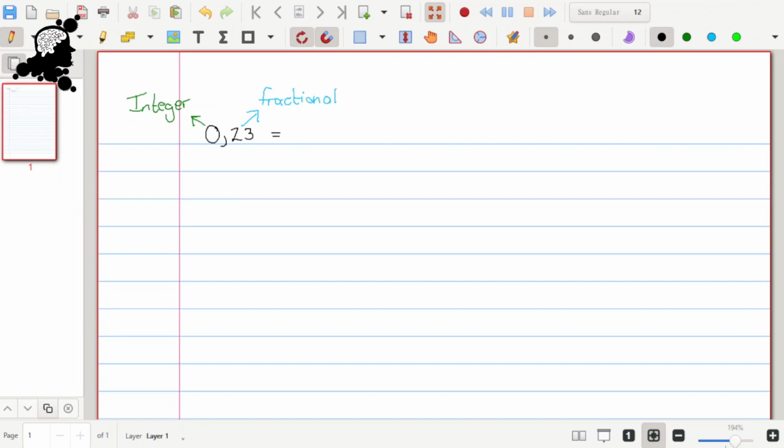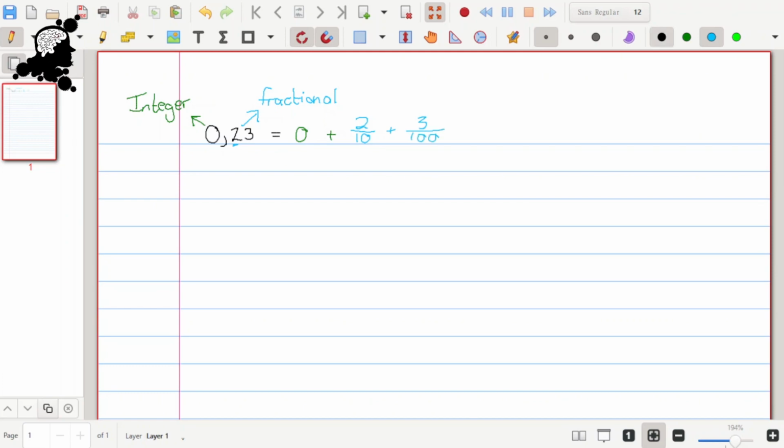So how do we simplify this? We take the integer part plus, this is a 2, so this is going to be 2 over 10, increasing powers of 10 on our denominators, plus 3 over 100.